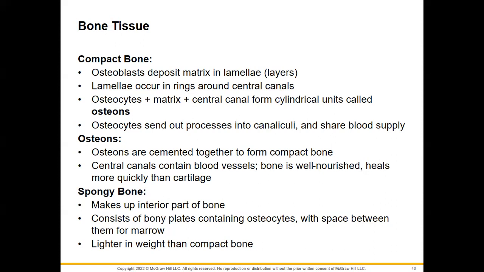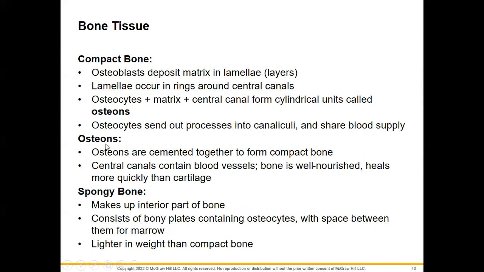So the osteocyte will have little projections, a bunch of little arms coming from the cell itself, and they're going to travel through the bone in little canals, canaliculi, little canals. These projections from the osteocytes extend through the little canals, and eventually one osteocyte's little projection is going to connect with another osteocyte's little projection, and that's how these osteocytes are able to share information and blood supply, etc., and communicate with each other.